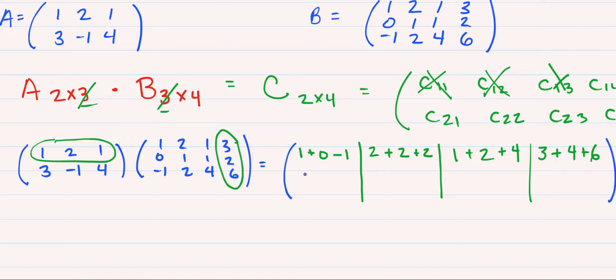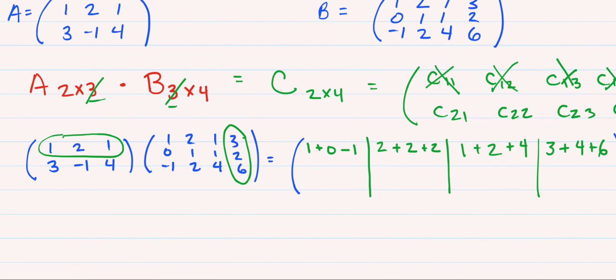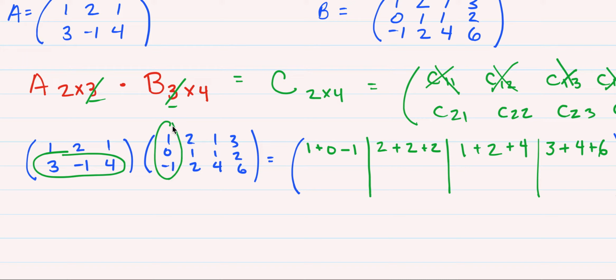Okay, so now we've finished up the first row of C. Let's figure out the second row. So we're going to do the same thing. We're going to take row 2, and to get this one, we're going to just multiply it with column 1. So we're going to have 3 plus 0 minus 4. Okay, to get the next one, we take row 2 and multiply it by column 2.